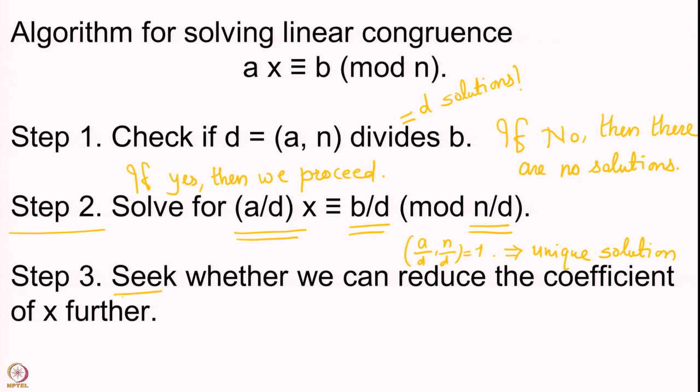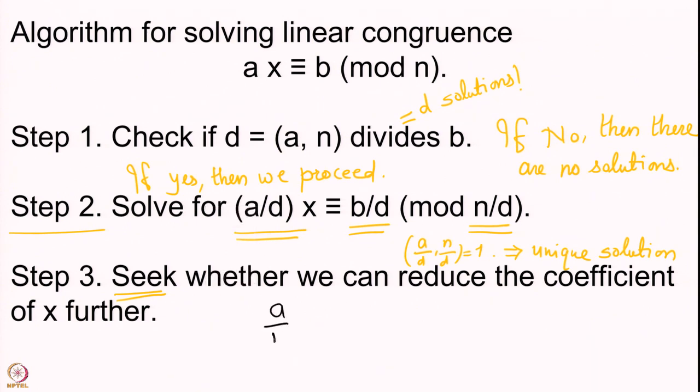Now, we want to know how to reduce the coefficient of x further, and I told you that this can be done by cancelling out anything common in the coefficient of a.